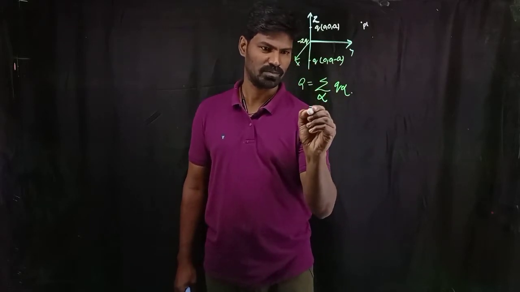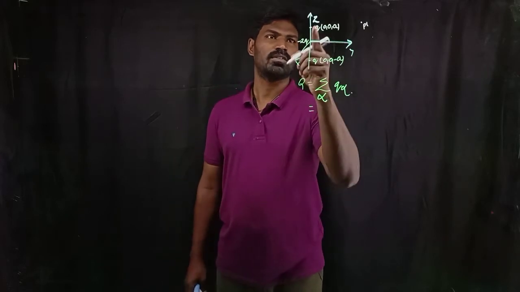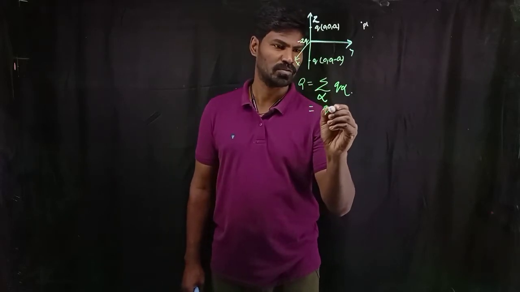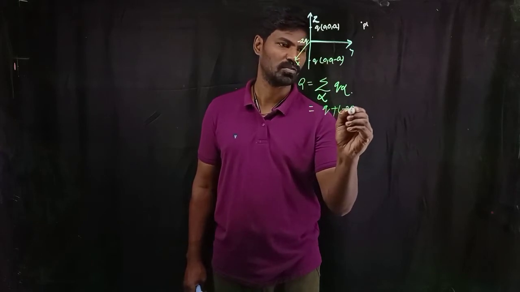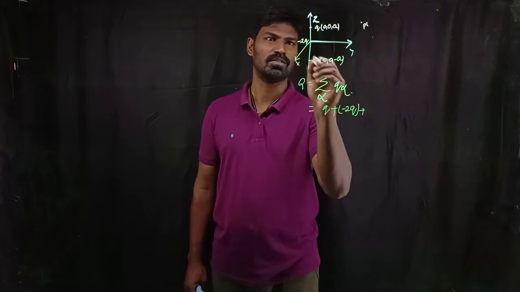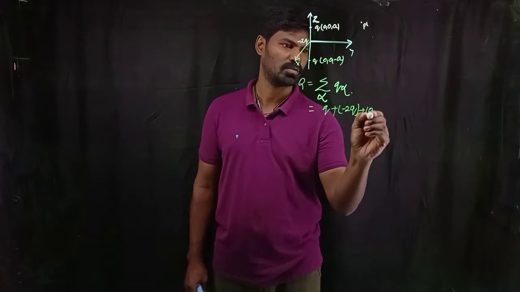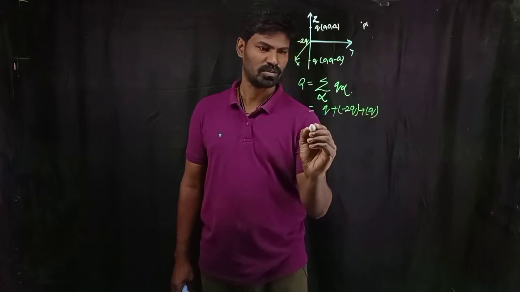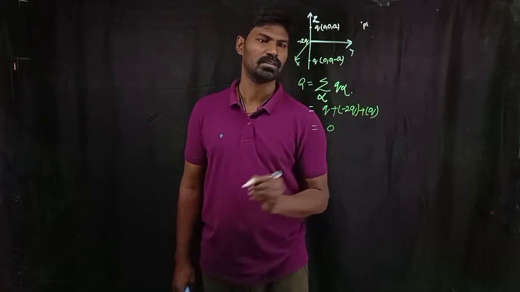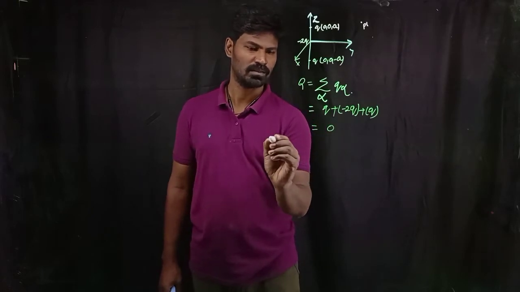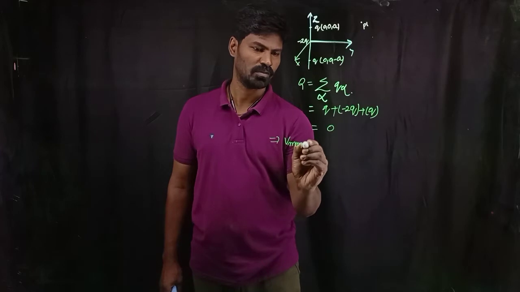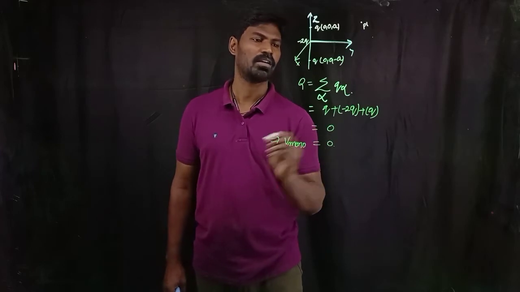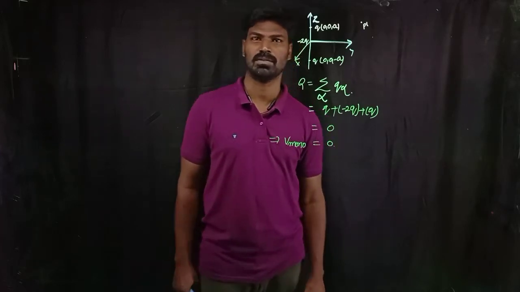So when alpha is 1, the charge is Q, plus when alpha is 2, the charge is minus 2Q, plus when alpha is 3, the charge is again Q. Because of this, the total monopole moment is 0. That implies the potential due to monopole, V mono, is also 0, as the total charge is 0.